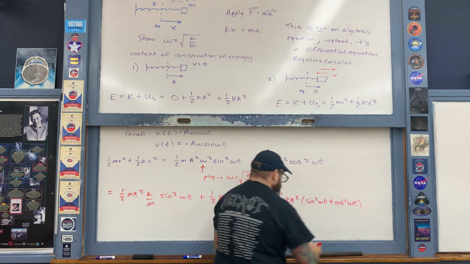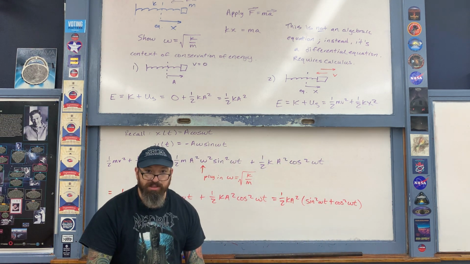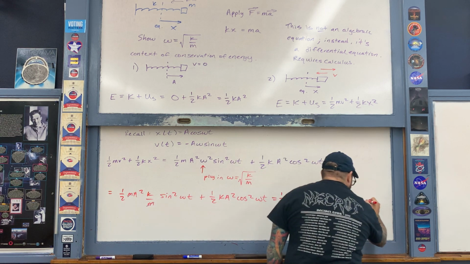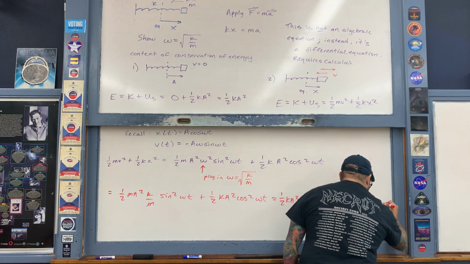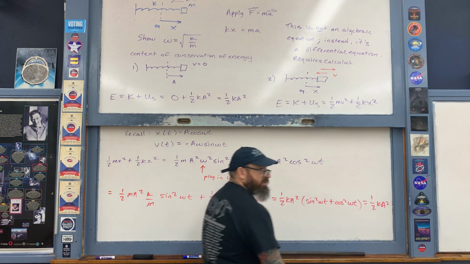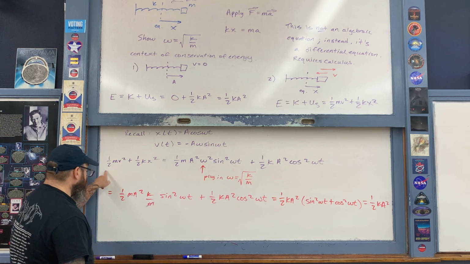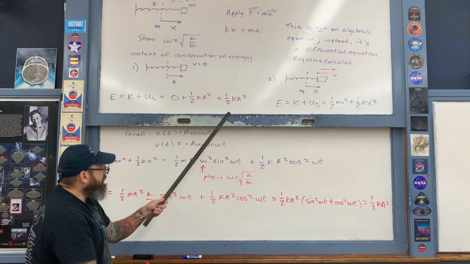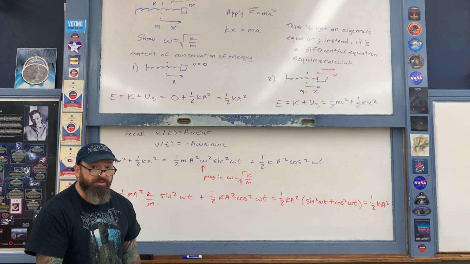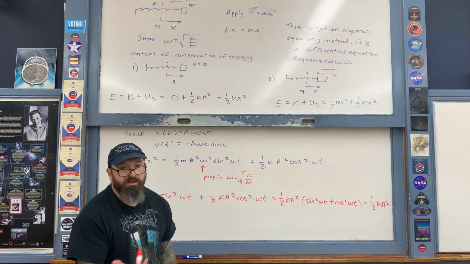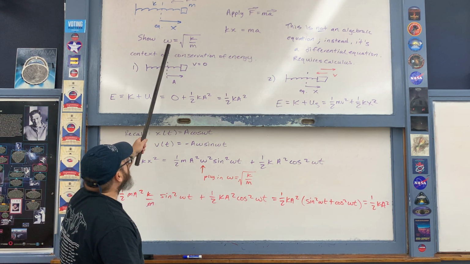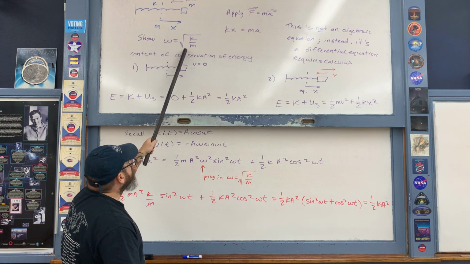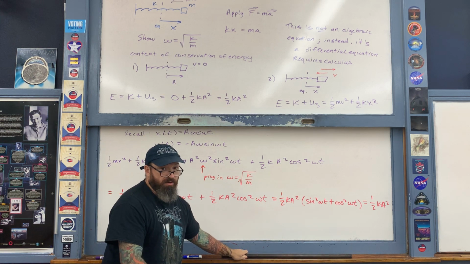And then right there in parentheses is the trig identity, which is equal to 1. So then the total energy E is in fact 1/2 ka squared. Once again, this quantity here has to equal this quantity here because the energy is conserved. The only way in which that happens is if the angular frequency is equal to the square root of k over m.